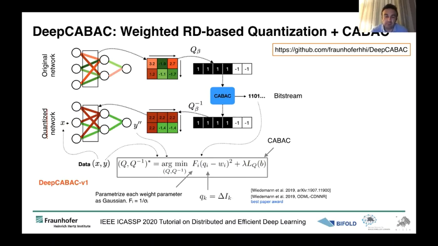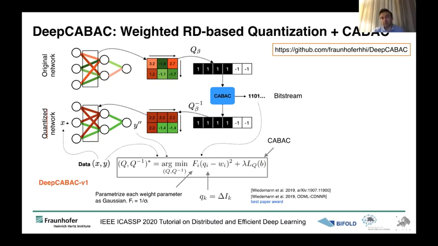Actually, there is some recent work on Bayesian neural network compression, where people have shown that if they parameterize weight parameters as a Gaussian, they can get an estimate of the standard deviation of this Gaussian. The standard deviation tells us how much we can perturb the weight to have a limited effect on the output. And this is exactly what we want.